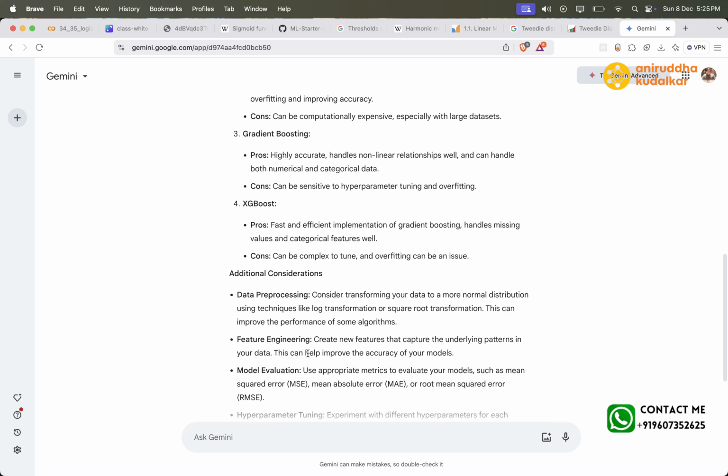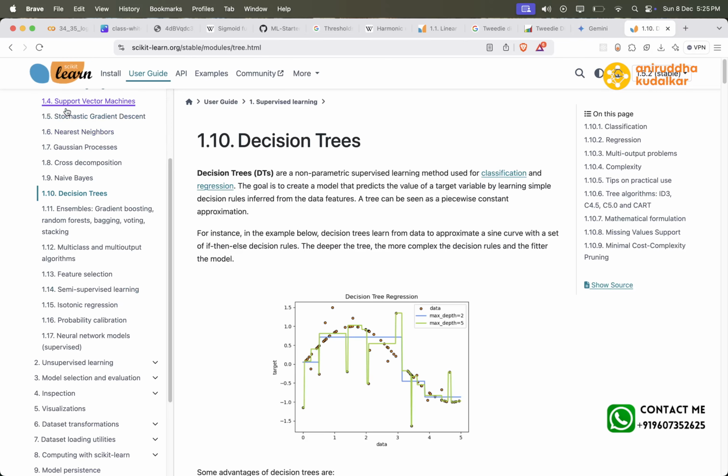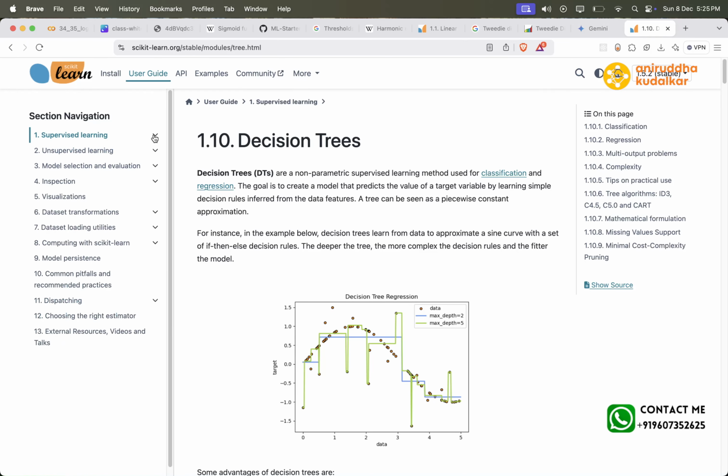Now, the first step is the EDA. We talked about that. Whenever you do anything, the first step is the EDA. In scikit-learn, go here: supervised learning, unsupervised, model selection, visualizations, dataset transformations.